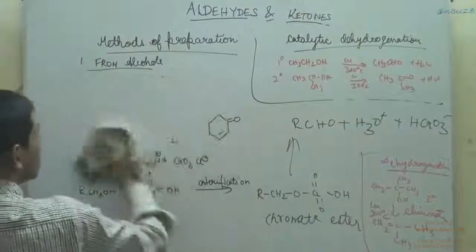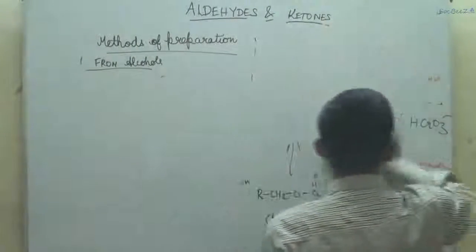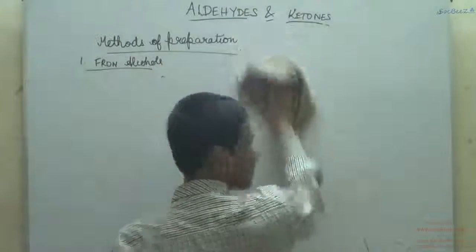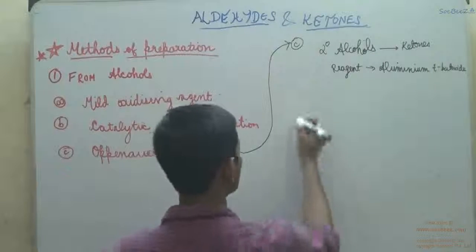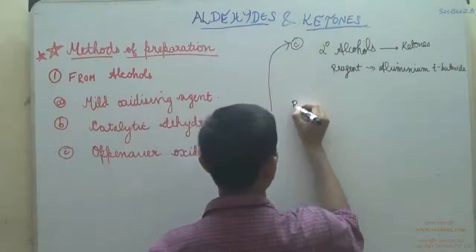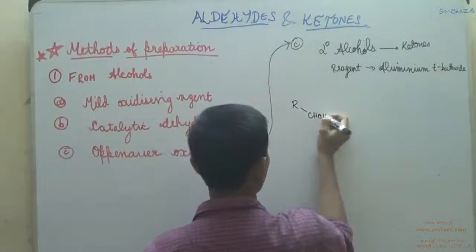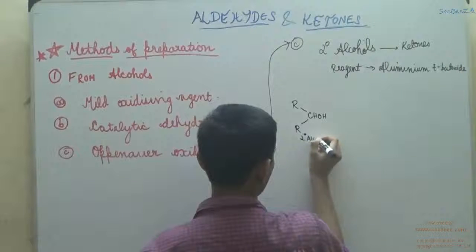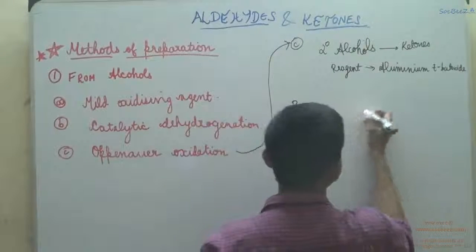So that was from mild oxidizing agents and catalytic dehydrogenation. The next one that we are going to learn is Oppenauer oxidation. First step, a secondary alcohol is treated with aluminum tert-butoxide.